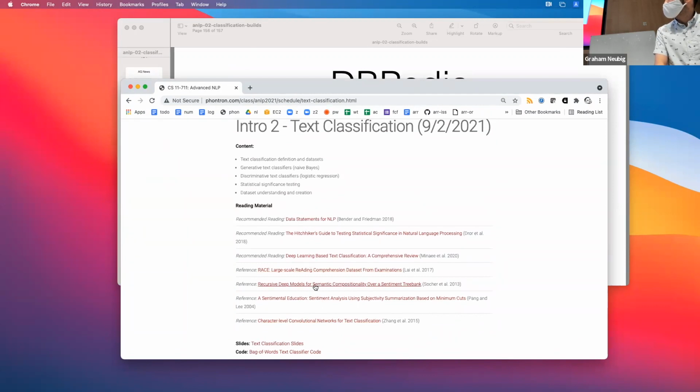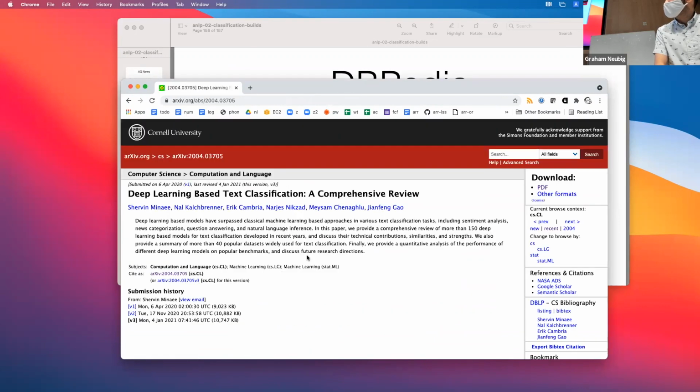These are the references for today. I found these data sets in this deep learning based text classification comprehensive review. This has a list of data sets. I think they didn't cover the things that I covered in the slides here, so I had to actually look in the original papers, but I think it's a good place to start.